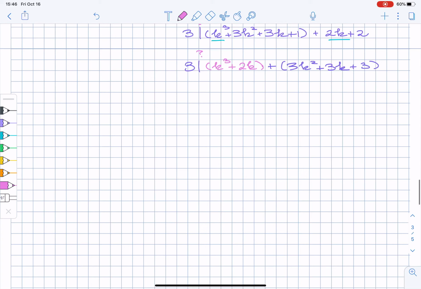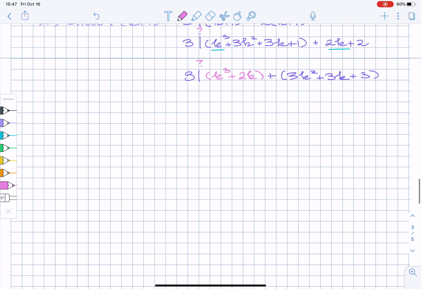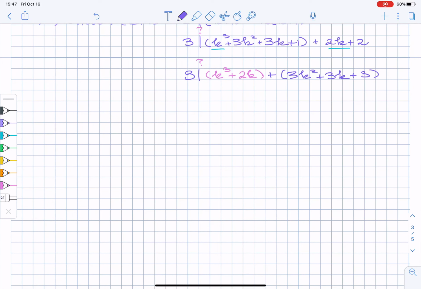So we know that 3 divides k cubed plus 2k by assumption, right? But does 3 divide the other term? Well, we know it divides k cubed plus 2k.